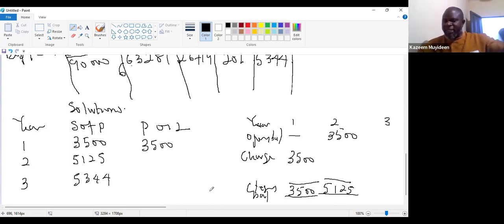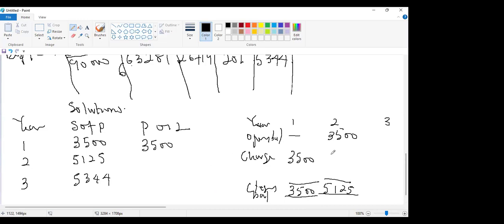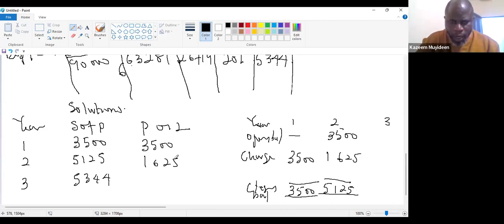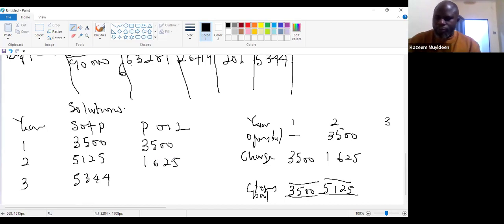If it is decreasing, it is going to be credit, which I'm going to show before the class ends. What is the charge again? 5,125 minus 35. What is he giving us? 5,090. P or L, 5,090.